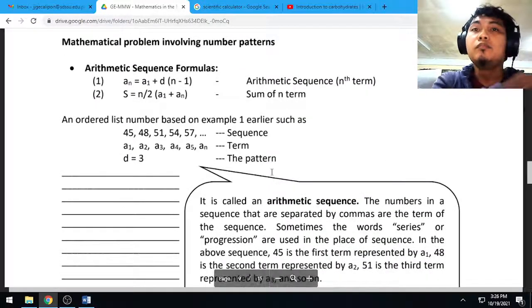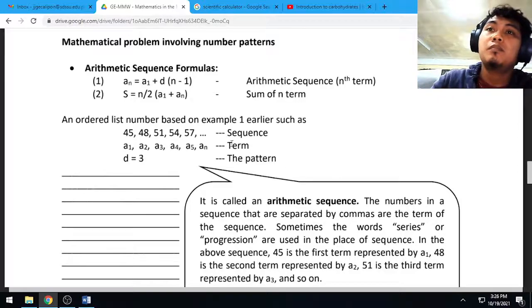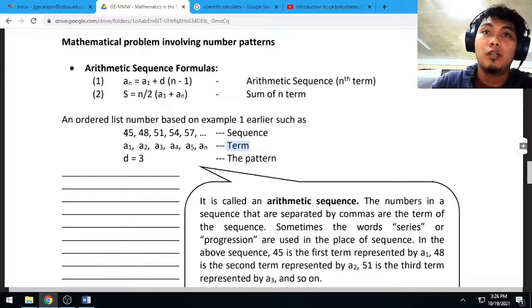Now, from sequence, meron tayong tinatawag na term. So ano yung term? When you say term, parang binibilang mo lang yung pang ilan sila. So 45 is the first term, 48 is the second term, so on and so forth, third, fourth, and fifth.